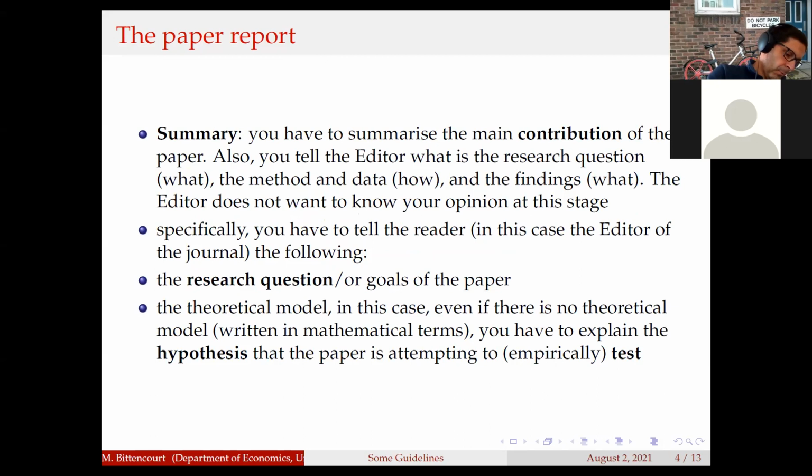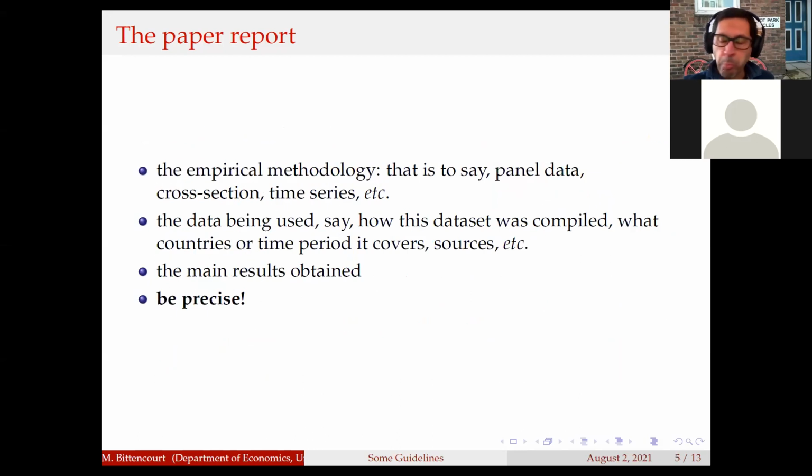Okay. Be precise. One paragraph. 3 or 4 sentences. That's all.